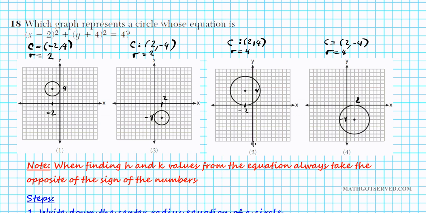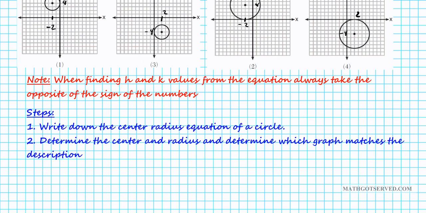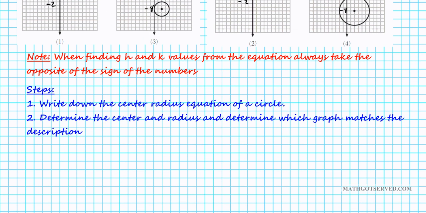I'm doing it the long way because I want you all to go through the process of determining the center and radius accurately. Now let's write down the equation of the circle in center-radius form. The equation is (x minus h) squared plus (y minus k) squared equals r squared.